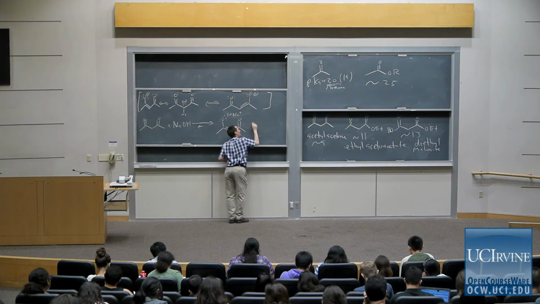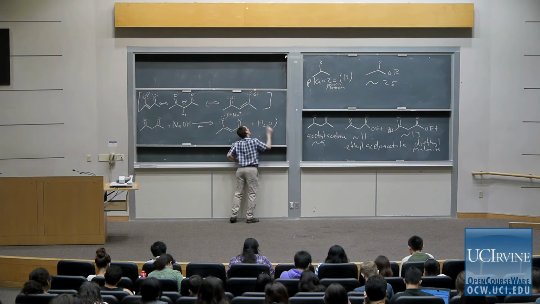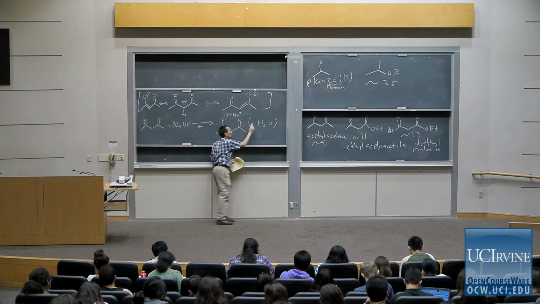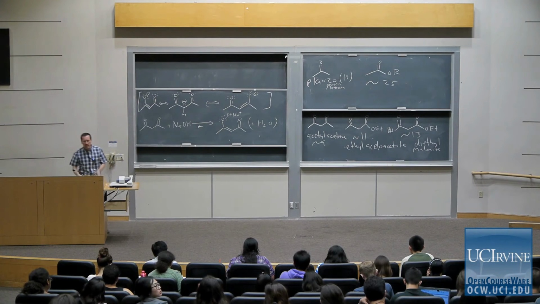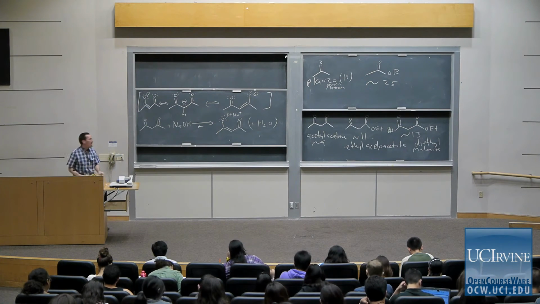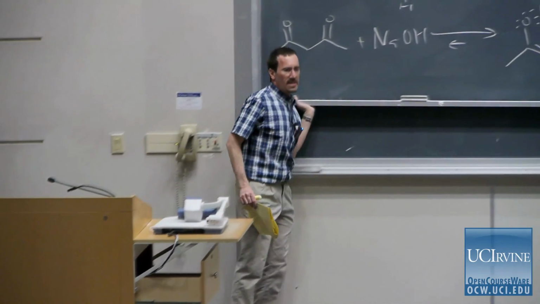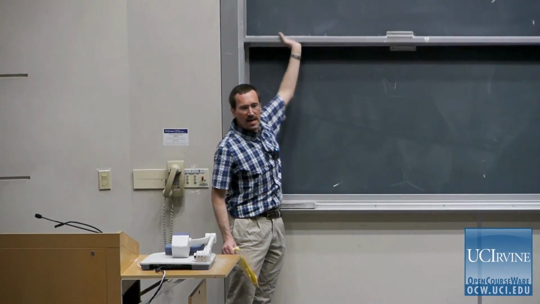Sodium will be the counterion, and if I want to write a balanced equation, I'll remind us that water balances our equation. So we can stoichiometrically make this corresponding enolate because it gets extra resonance stabilization.